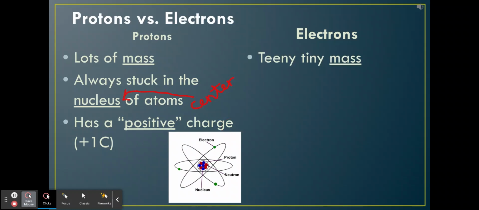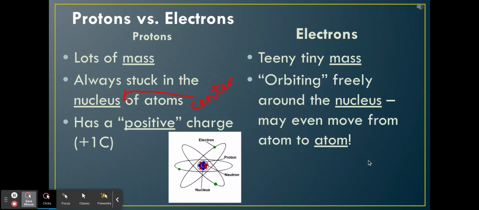In fact, it's so small of a mass that oftentimes scientists, when they're performing calculations about the mass of an atom, don't even include the mass of an electron. So it's essentially 0 mass. Not totally true, but basically 0. These electrons are able to orbit freely.